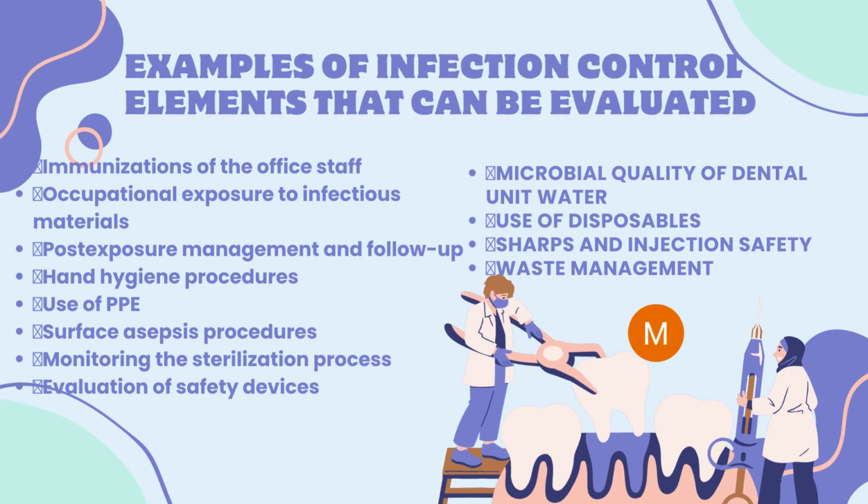Post-exposure management and follow-up. Hand hygiene procedures. The use of PPE. Surface asepsis procedures. Monitoring the sterilization process. Evaluation of safety devices. Microbial quality of dental unit water. The use of disposables, sharps and injection safety, and waste management.